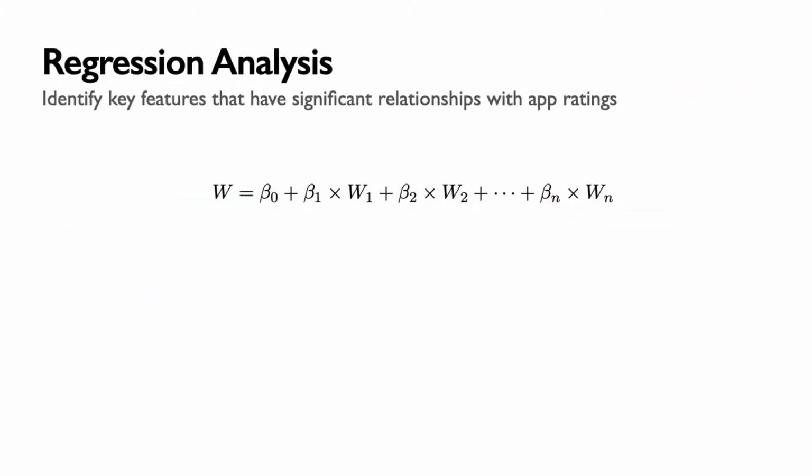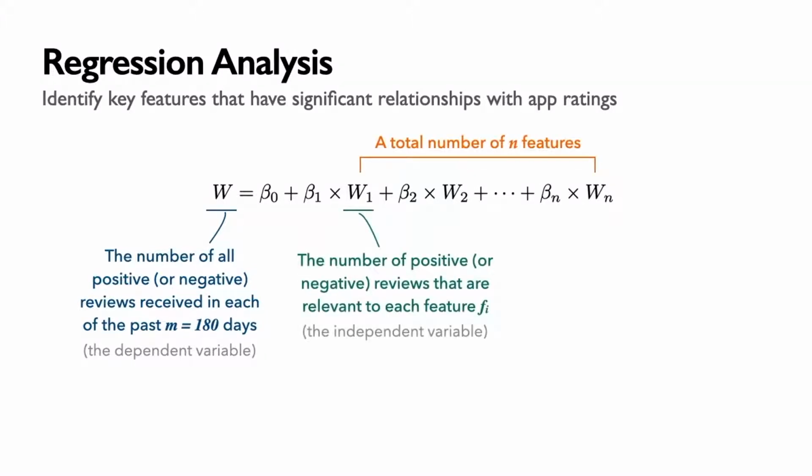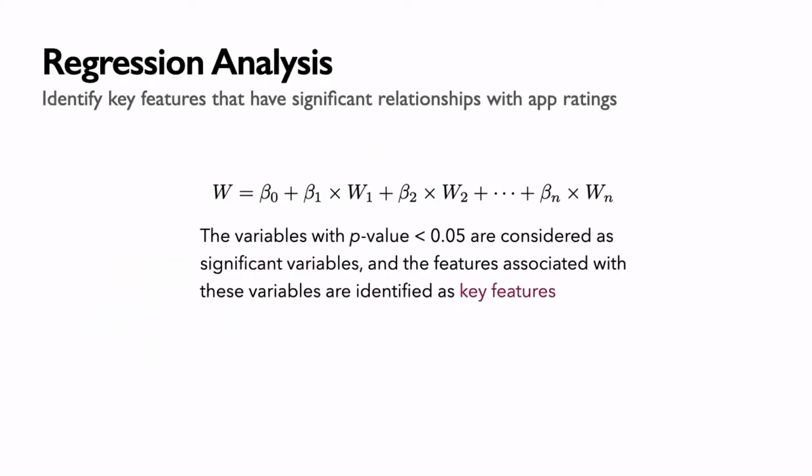To this end, KEFE will use a regression model to investigate the relationships between the number of all positive or negative reviews received in a period of time and the number of positive or negative reviews that are relevant to each feature. This regression model will produce a p-value for each independent variable, indicating whether the relationship between this variable and the outcome is significant.